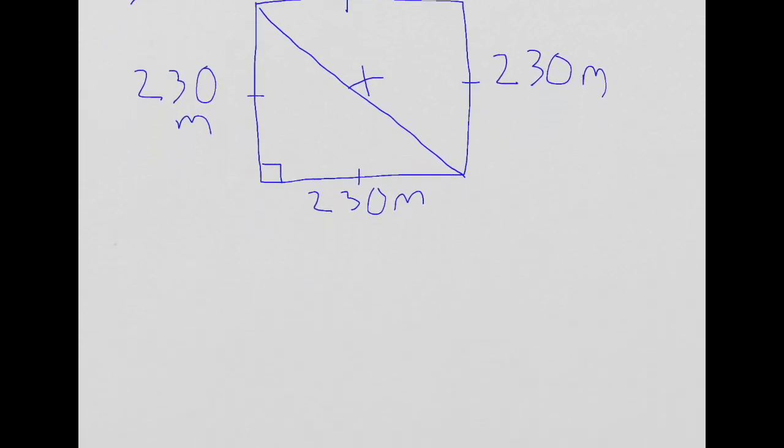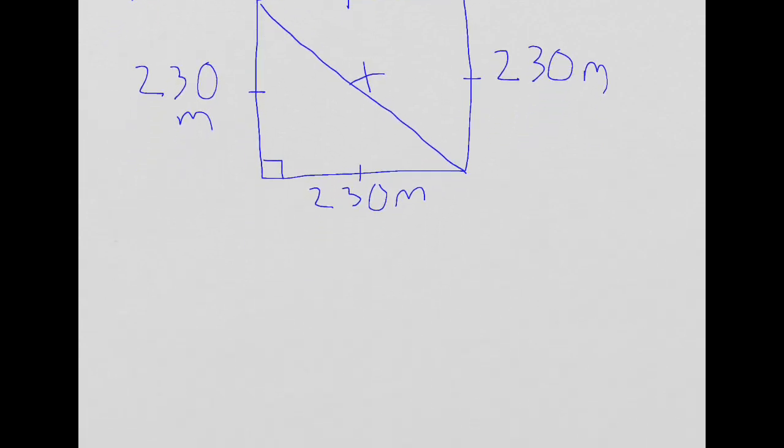So if I was to use the Pythagorean theorem to figure out the diagonal of that right triangle, it would be the square of the hypotenuse equals 230 squared plus 230 squared.